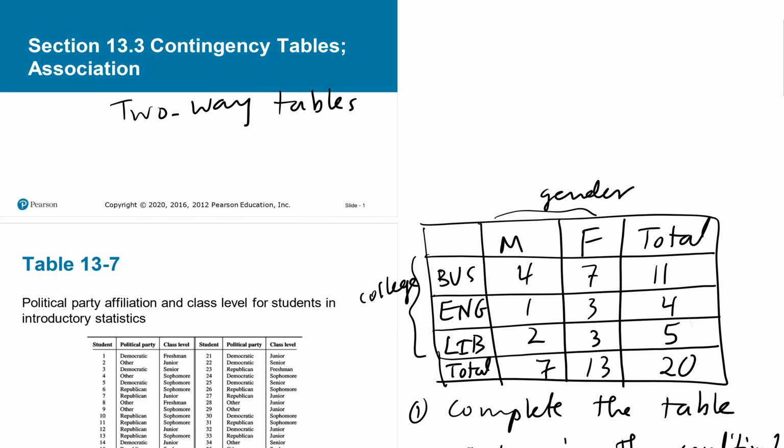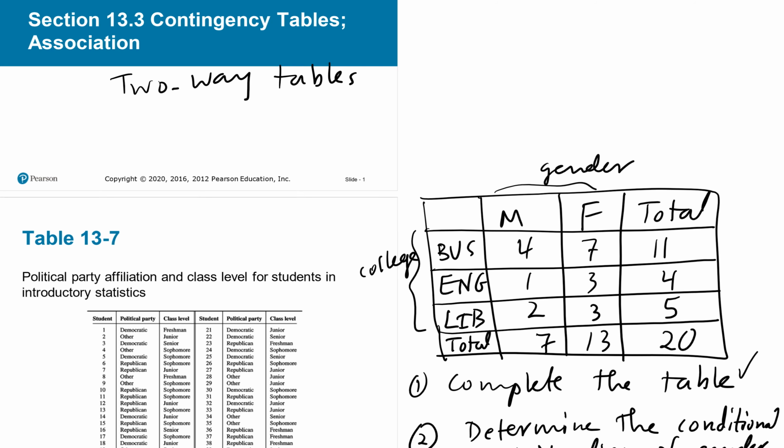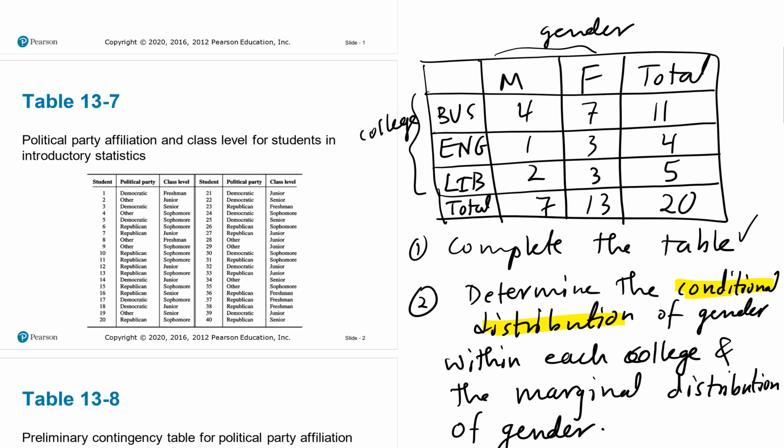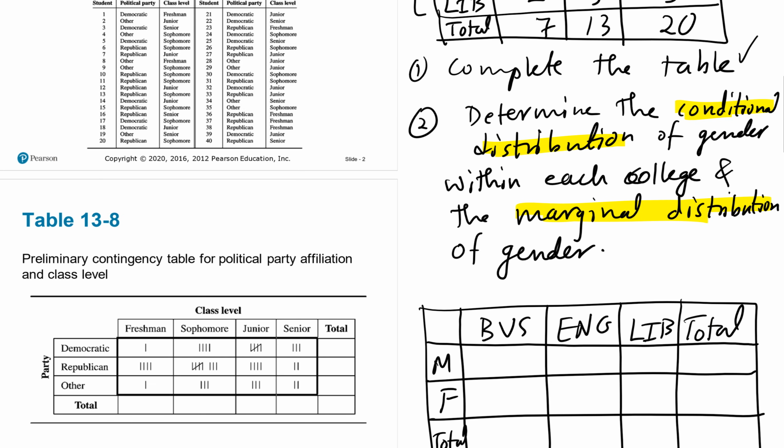Now that we've completed the table, we are going to determine what we call the conditional distribution of the gender within each college, and we're going to find what we call the marginal distribution. Conditional is within the body of the table. How do you find it?